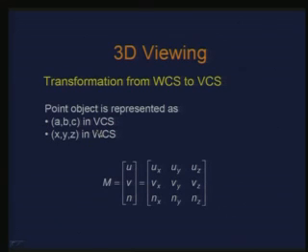So, now in our context what I have is, let us say, the point a b c in the viewing coordinate system, x y z in the world coordinate system, right, and this M is nothing but, now instead of just having u v, I have u v n, right. So, this matrix gives me the transformation M, right.